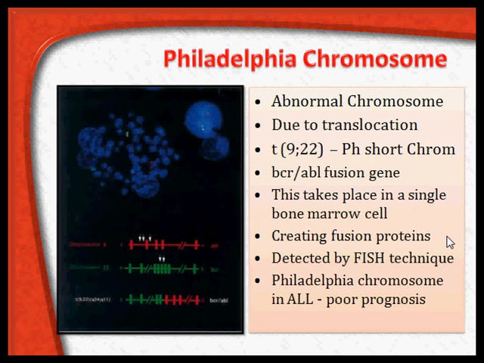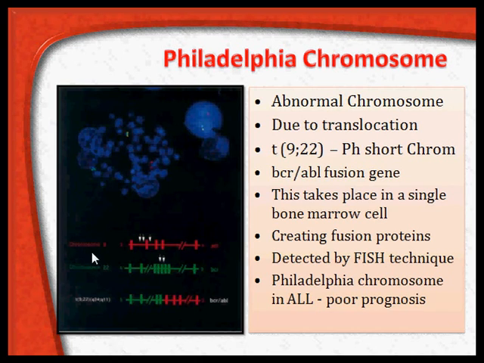This is detected by a test called the FISH test, fluorescent in situ hybridization technique. This is the fluorescent in situ hybridization, and you can see the fluorescent materials there, and they are the Philadelphia chromosomes.